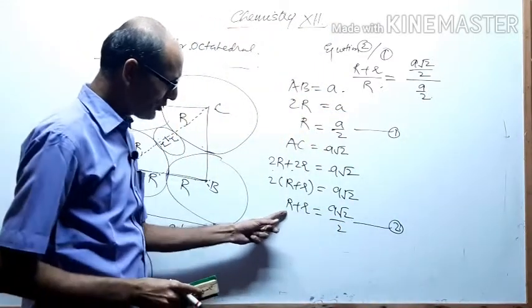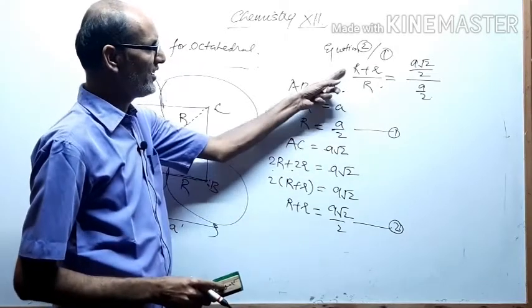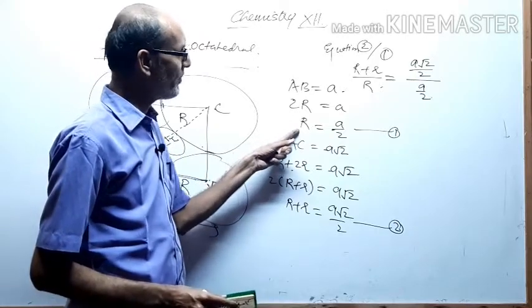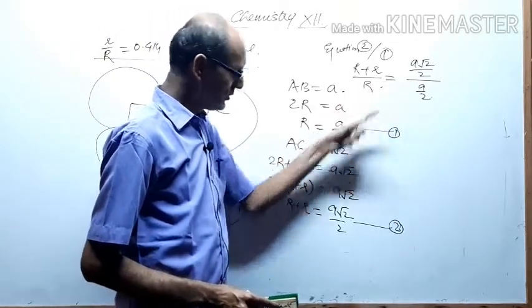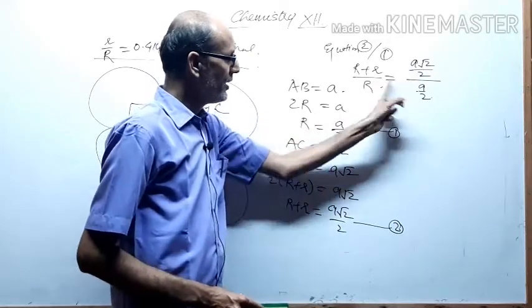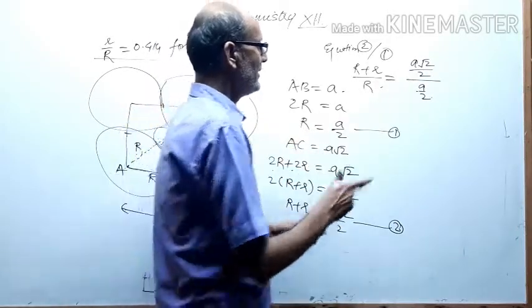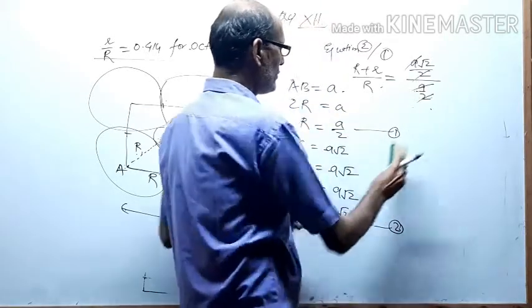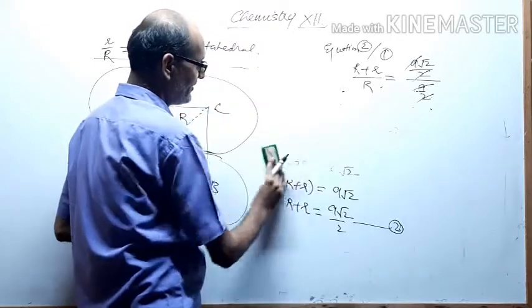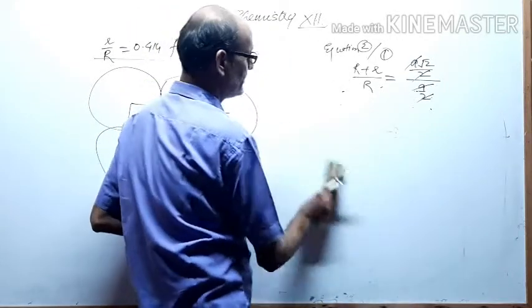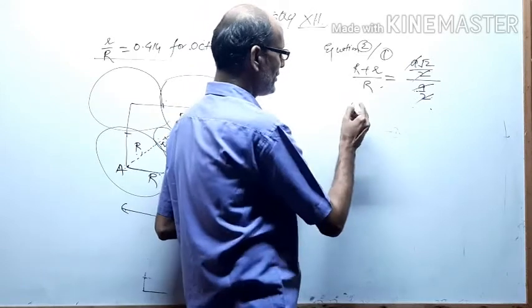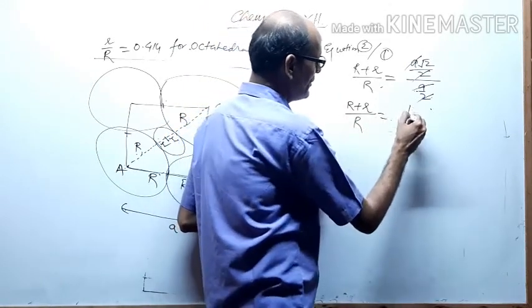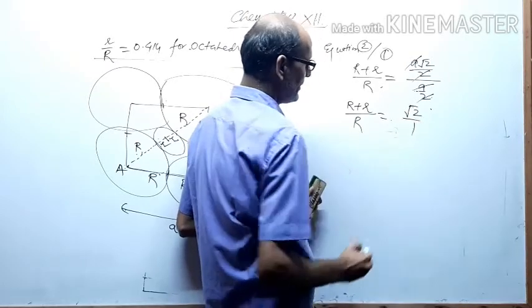See here, this is equation 2, you have to put this equation at the above places. R plus r, this is equation 2, and R, this is equation 1, that is a root 2 by 2 upon a by 2. This a is cancelled by this a, and 2 by 2. So this will be R plus r upon capital R is equal to root 2 by 1.